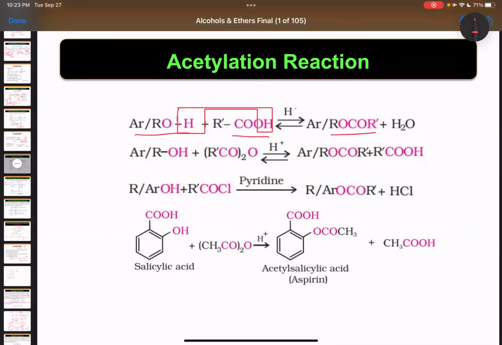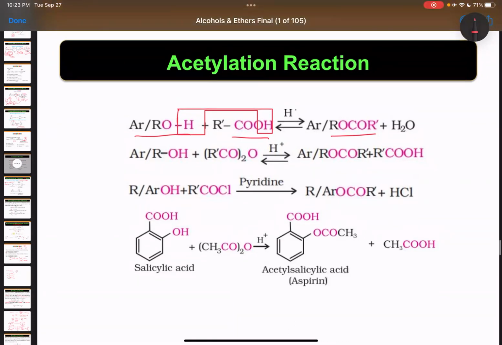Sir, color. Mm, but no, not color. That is a very important characteristic of esters. You must have studied it in your junior classes also. Actually, this characteristic helps us to test alcohols or carboxylic acid by this method.